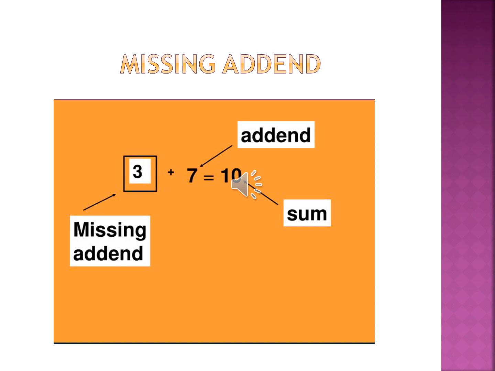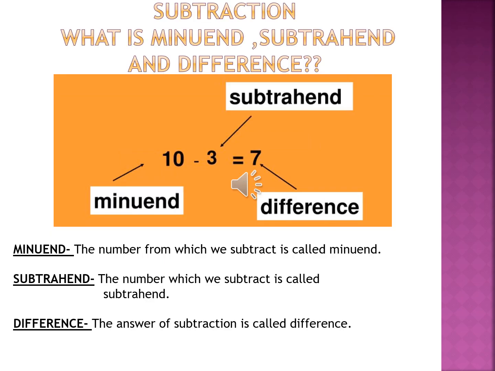So we call 3 the missing addend. Similarly, if 3 was given to you and 7 was missing, then also you can think of the number 7, which when added to 3 gives you the sum as 10. So this is what we call a missing addend.